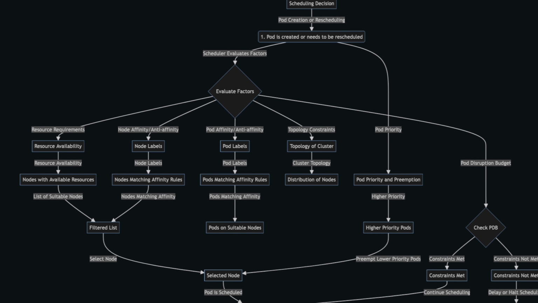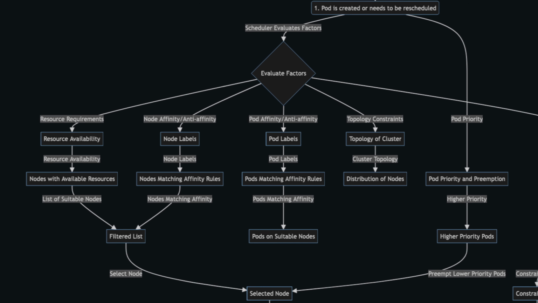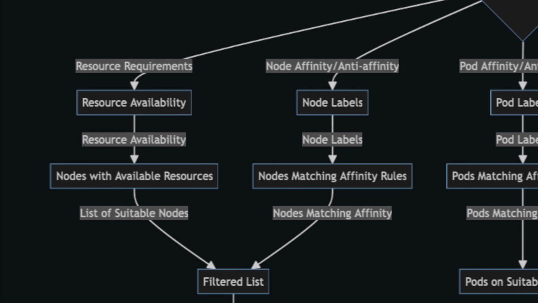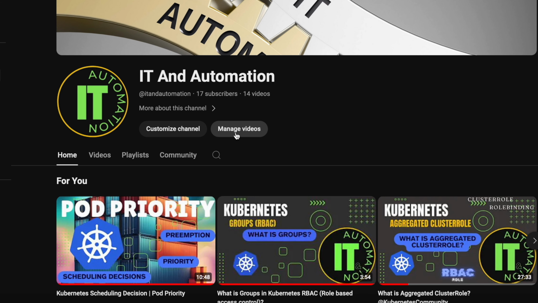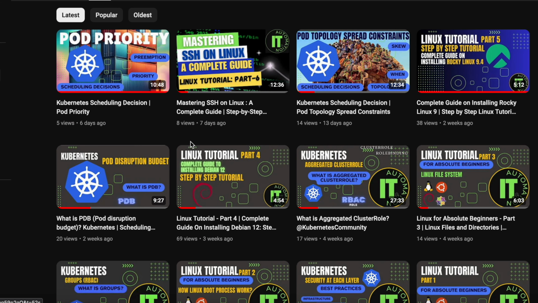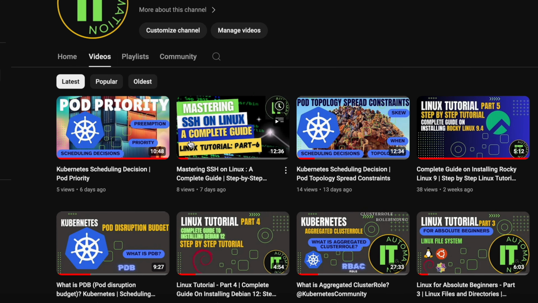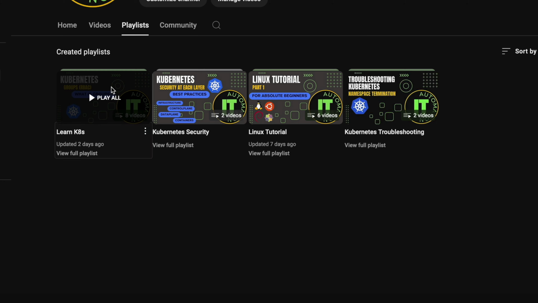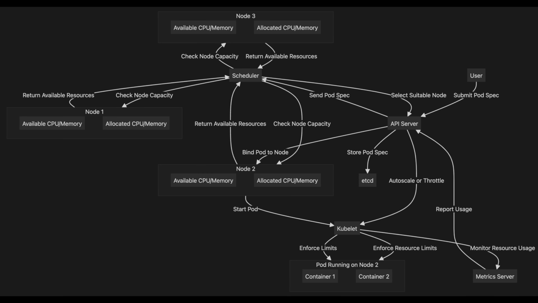In today's video, we will deep dive into how Kubernetes makes scheduling decisions based on resource requirements. If you're following us, you must have seen our previous videos around scheduling decisions; if not, please check them out. This is most likely the fourth in the series. Back to the topic. Understanding resource requirements is crucial for optimizing performance and efficiency.